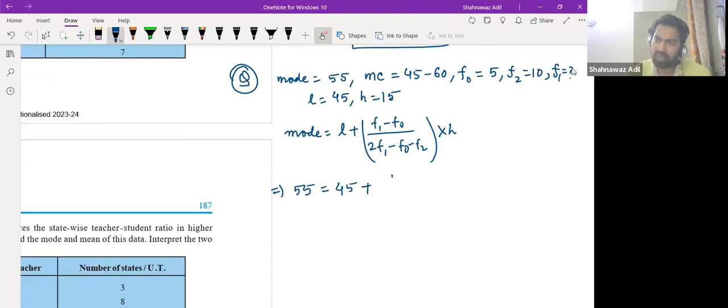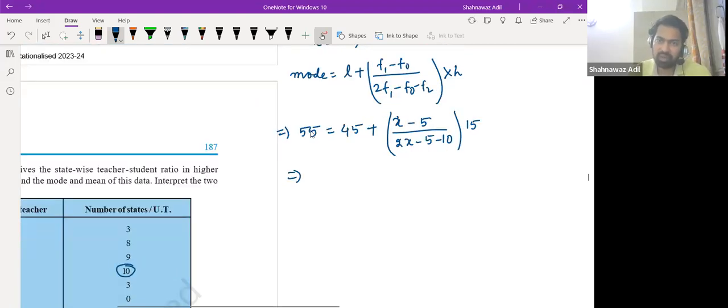Let's say this is X. F0 is 5, and then 2x minus 5 minus 10, into H, which is 50. So then what do we have?